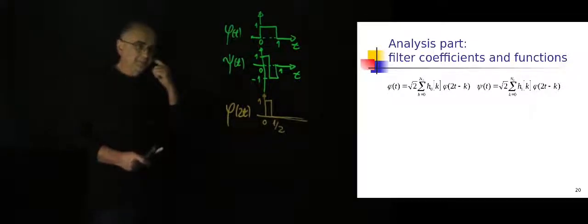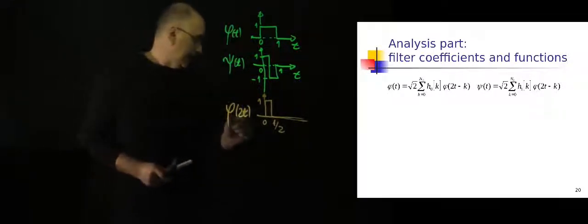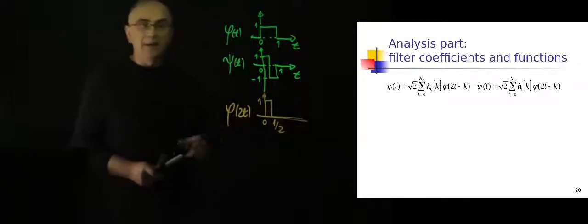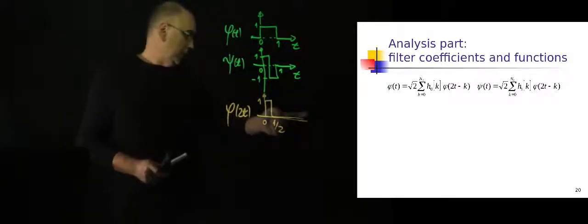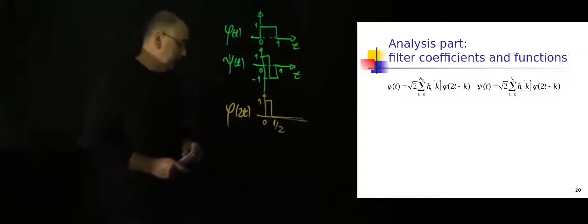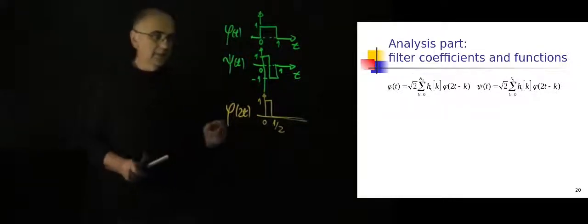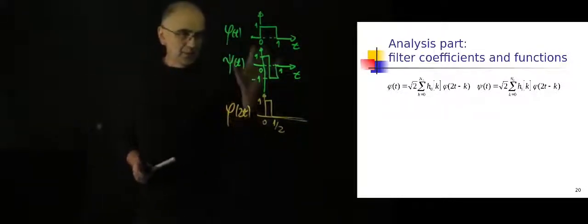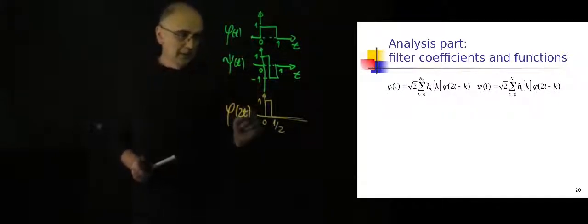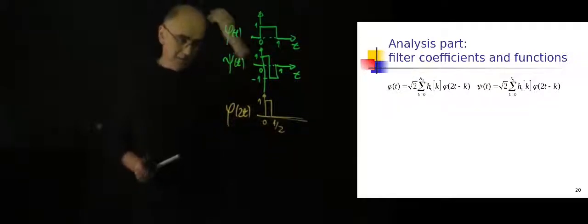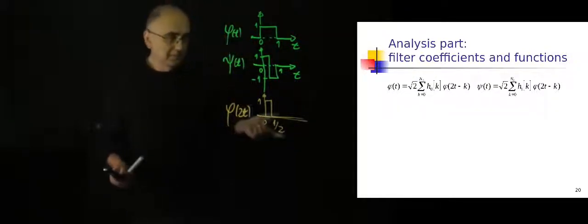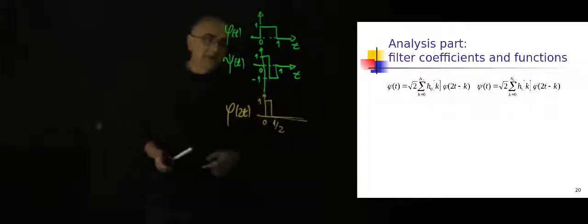Then I can shift it by some k to the left or right depending on the sign of k, and I must construct my wavelet function psi of t as a linear combination of such guys. Seems pretty easy.